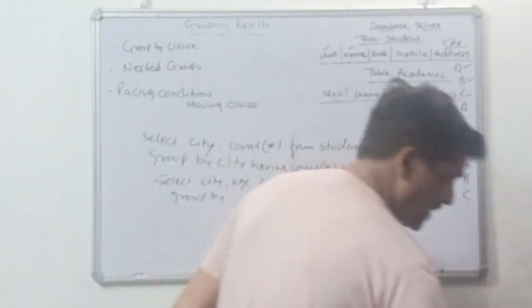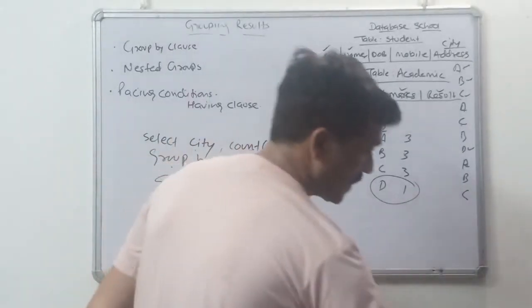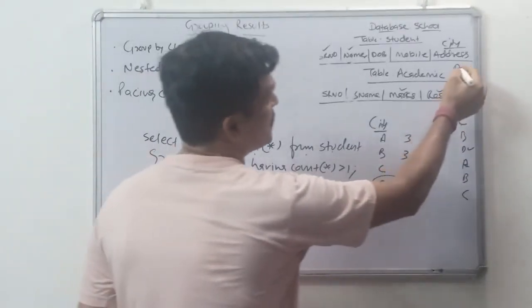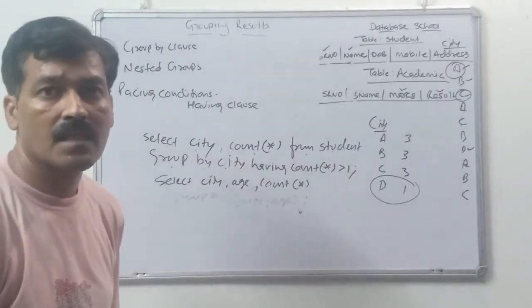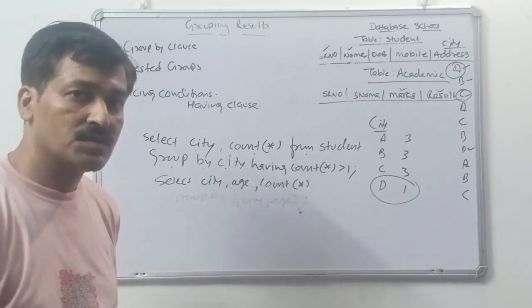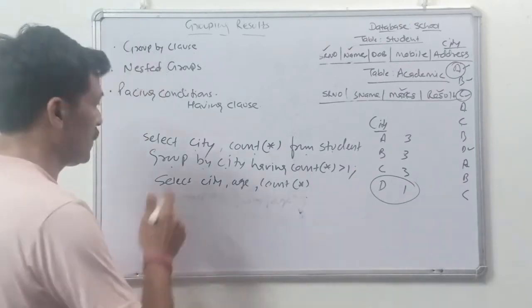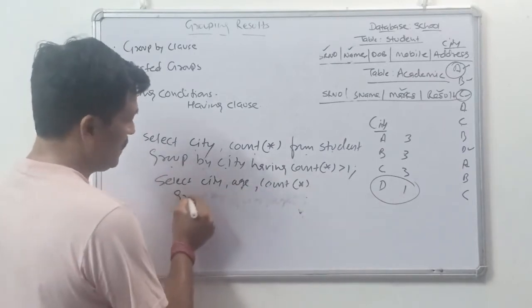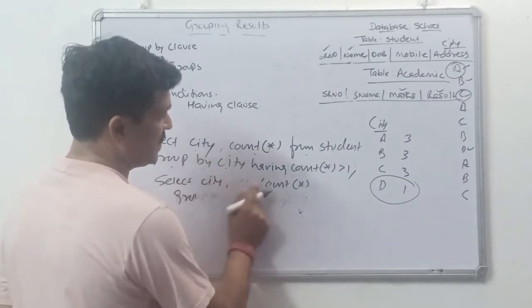Similarly, in the same case, if I need to print these 2 cities A and C, I don't want the group of everything. I only want the count of A and C. I am not concerned with B and D. I want the result of A and C only. Select city, I remove age from here.